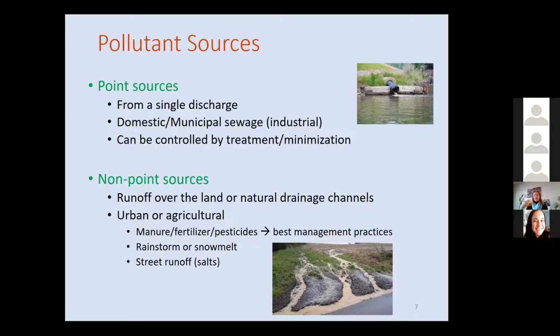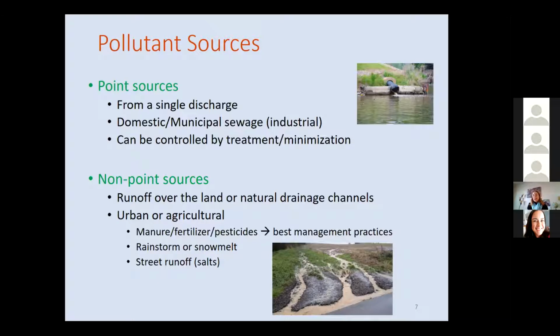And if we see agricultural applications or livestock applications, we can ask them to apply best management practices. The best management practices would be to ask them to utilize lesser amounts of fertilizers and pesticides, because more fertilizer doesn't always translate into better crops. So we can try to control it as such.